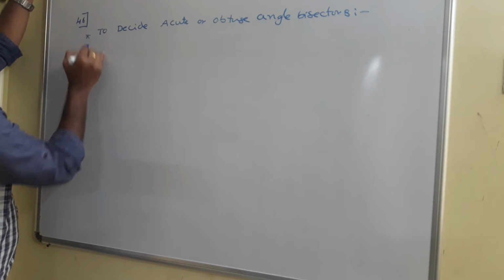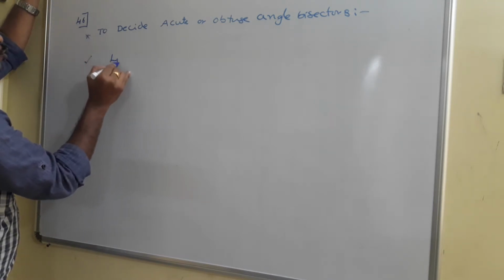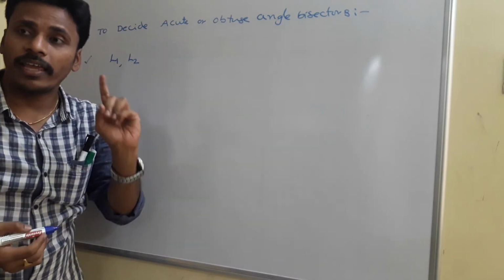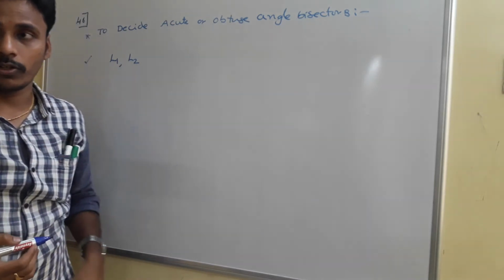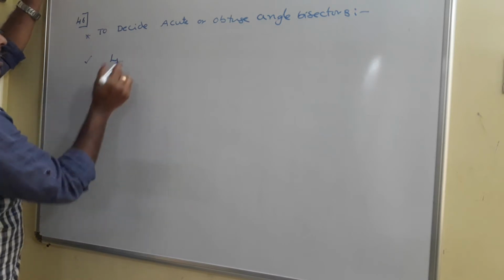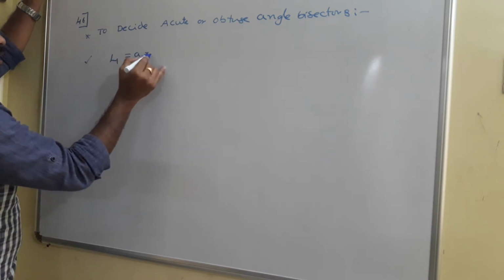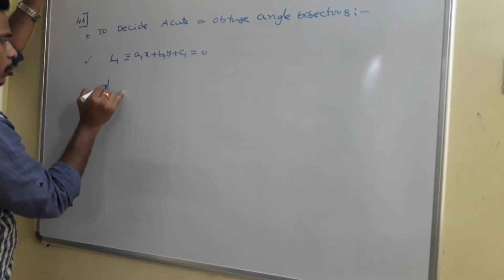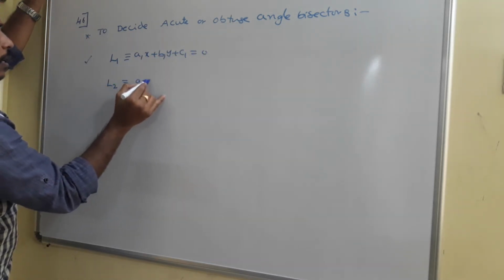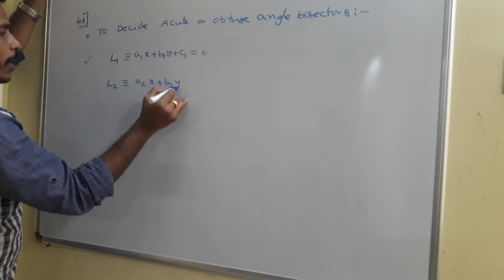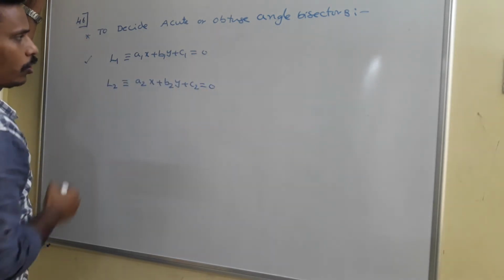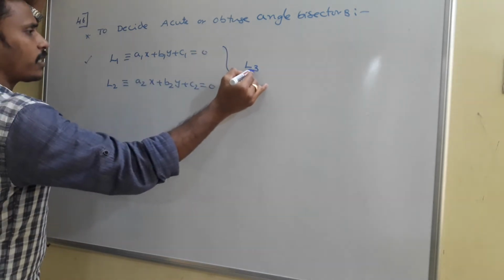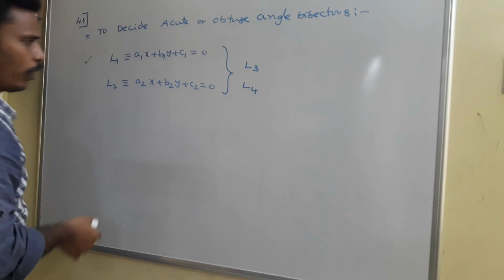So initially I have two lines, L1 and L2. L1 is A1x plus B1y plus C1 equals 0, and L2 is A2x plus B2y plus C2 equals 0. With these two lines we can easily find two bisectors, and we name them L3 and L4.